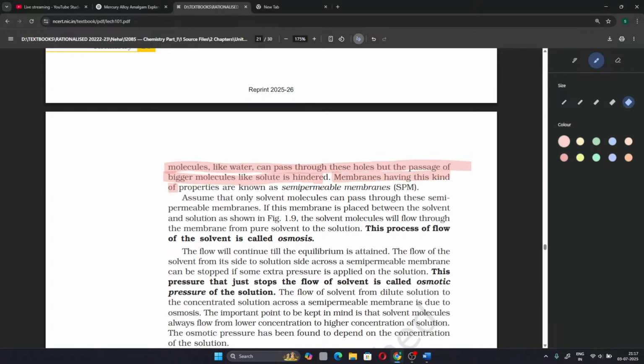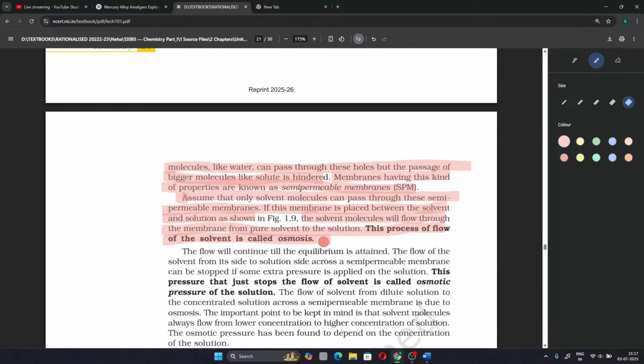Membranes having this kind of property are known as semi-permeable membranes. Assume that only solvent molecules can pass through these semi-permeable membranes. If this membrane is placed between the solvent and solution, the solvent molecules will flow through the membrane from pure solvent to solution. This process of flow of the solvent is called osmosis.